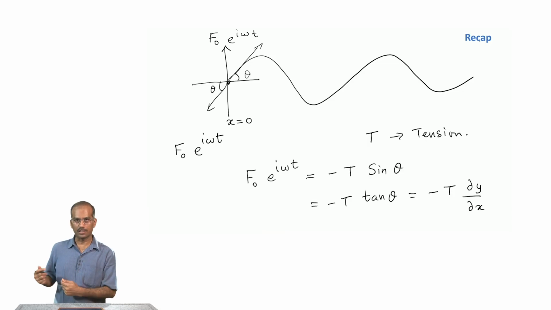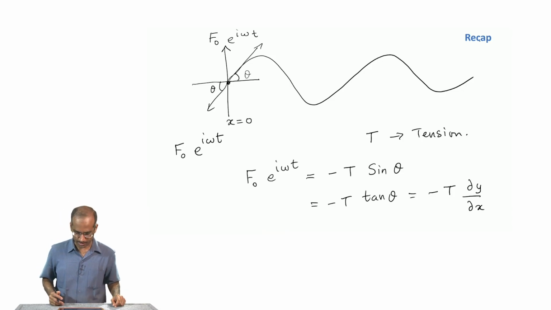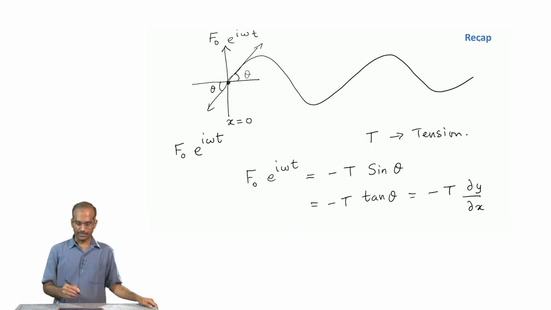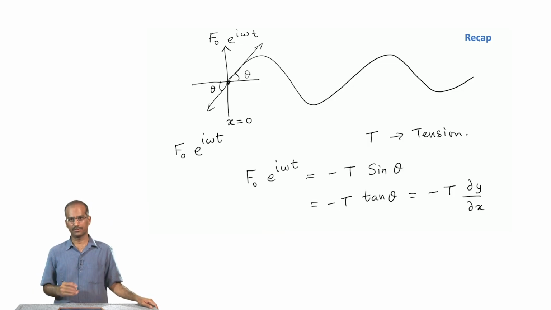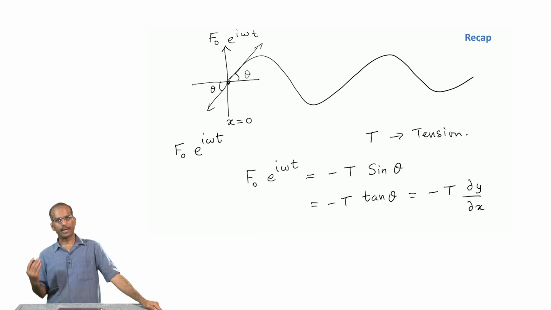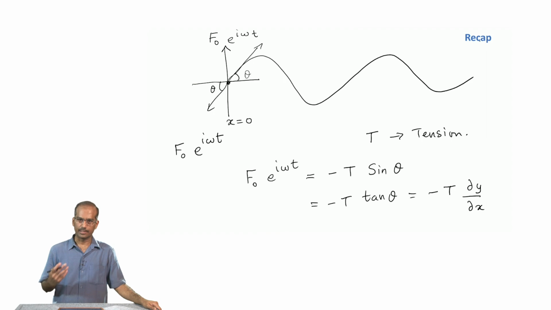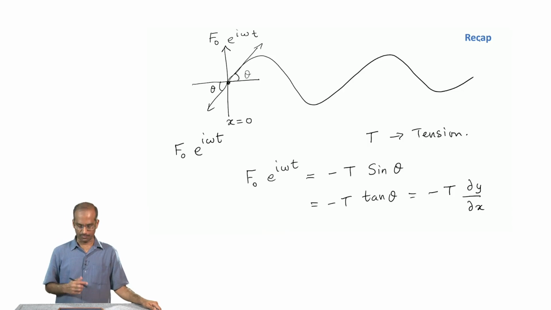The external forcing was F0 e^(i omega t), and that is equated to the component of tension, which is minus T sin theta, where theta is the angle that this string makes with the horizontal. Now, of course, we work with the small angle approximation as usual. So, sin theta is approximately tan theta, which is ∂y/∂x, just the gradient of the displacement at x equal to 0.